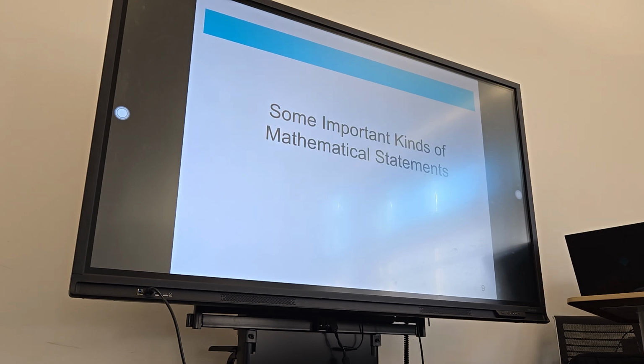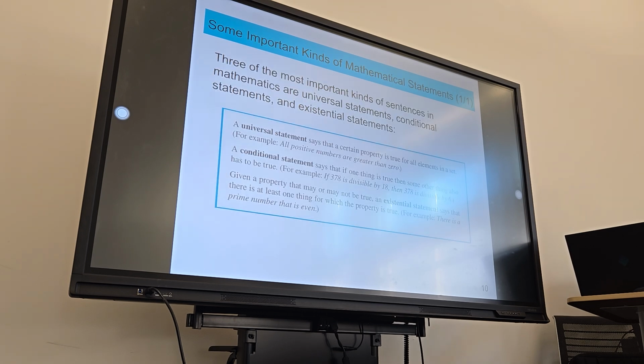Some important kinds of mathematical statements. The most important kinds of statements, sentences in mathematics are universal, conditional, and existential statements. Universal statements: a certain property is true for all elements in a set.